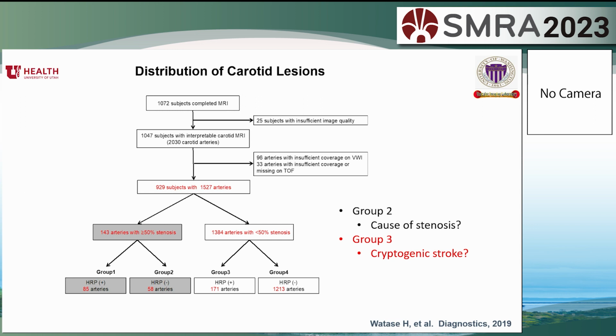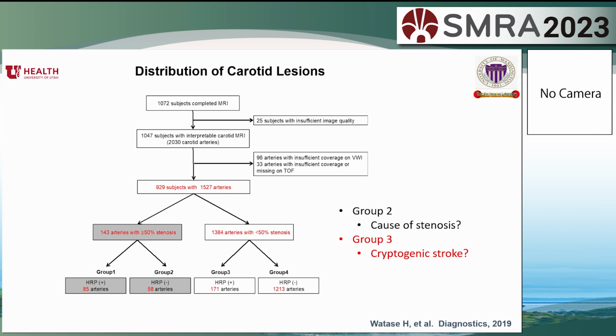It takes a long time to summarize it, but I would just briefly summarize the key information, which I think is quite interesting. These are all the so-called stroke subjects after you eliminate people with hemorrhagic stroke and those likely to have a source from the heart. The rest of the people fall into this category. Of them, this is group 1, 2, 3, 4, all people who have carotid lesions.